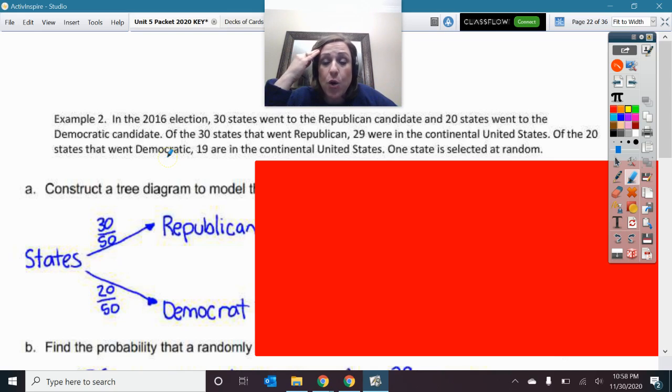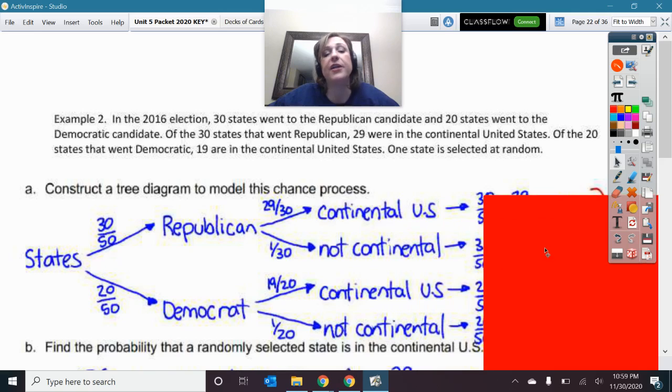All right. And you want to do that whenever you have a situation where, if you're a Republican, then there's this probability for this and this probability for that. But if you are a Democrat, then there's this probability for the continental US and this probability for the non-continental US or whatever.